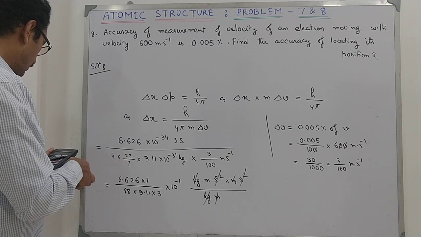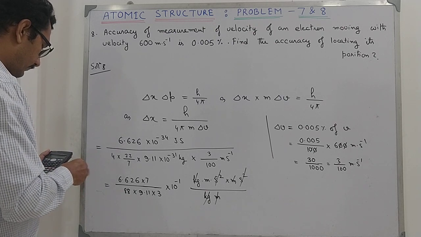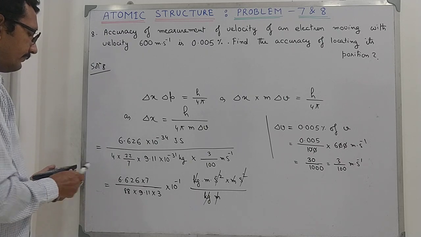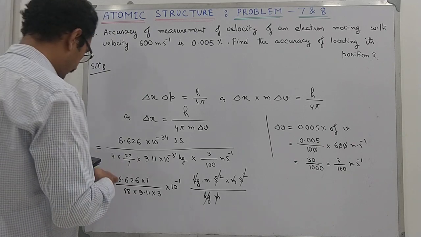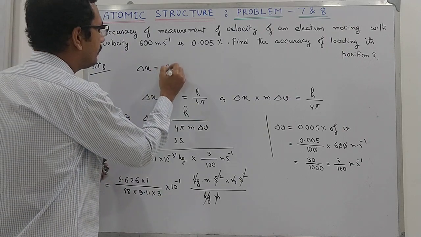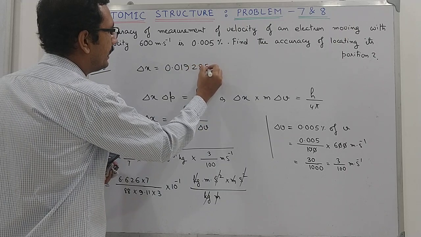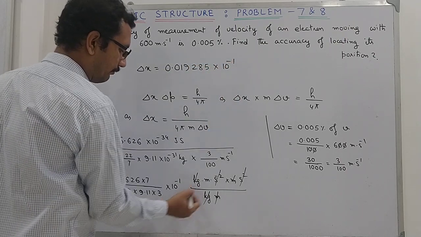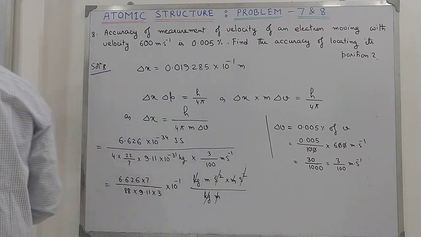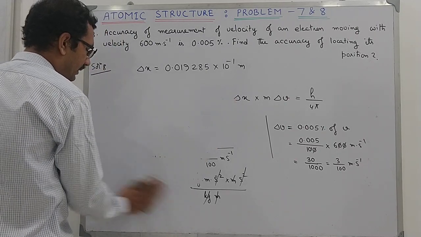So we get the value of del x to be 0.019285 into 10 to the power minus 1 here, and we will get meter here. So this is the result. Now we have to express it properly.